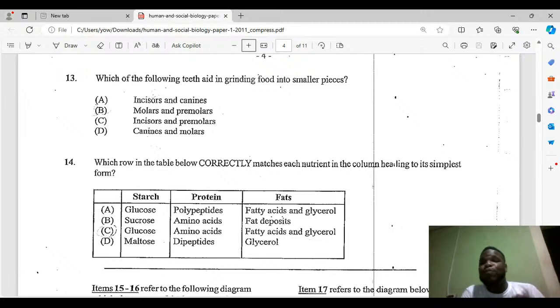What is protein simplest format? I'm seeing amino acid. Good. What breaks down protein? Which enzyme breaks down protein into amino acid?